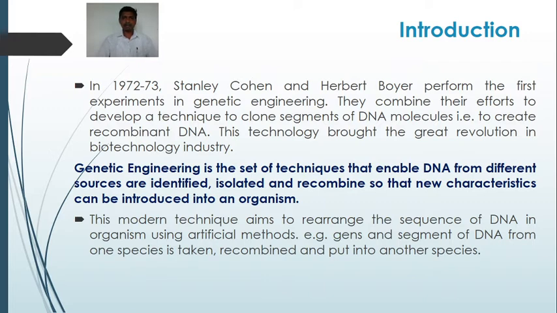This technology brought a great revolution in the biotechnology industry. The manipulation of the genome of an organism is carried out by introducing a gene from another organism to produce recombinant DNA. So the first effort regarding genetic engineering was carried out by Stanley Cohen and Herbert Boyer.